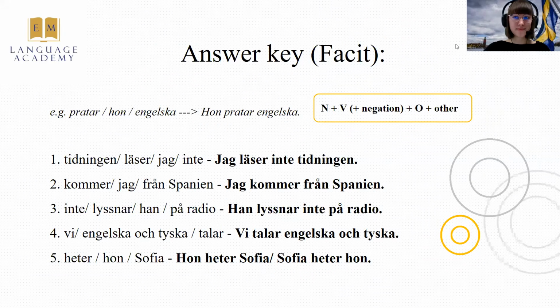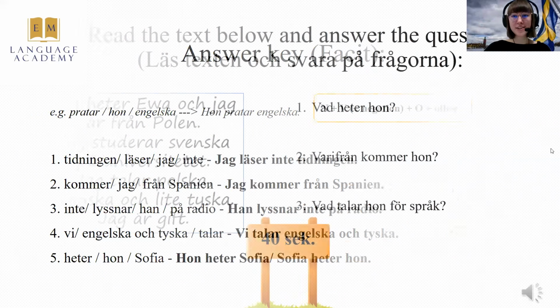So one more time, notice the rule where the verb always takes the second position. Jag läser inte tidningen. Jag kommer från Spanien. Han lyssnar inte på radio. Vi talar engelska och tyska. Hon heter Sofia. Sofia heter hon. Right? The verb always takes the second position. I have a feeling that you did great.